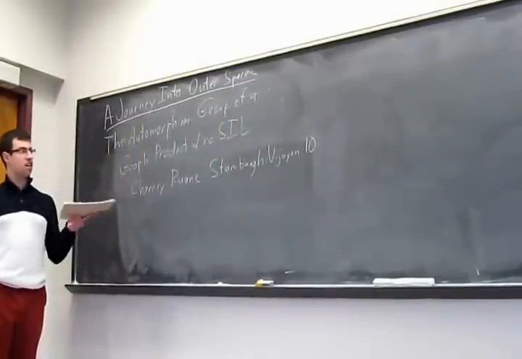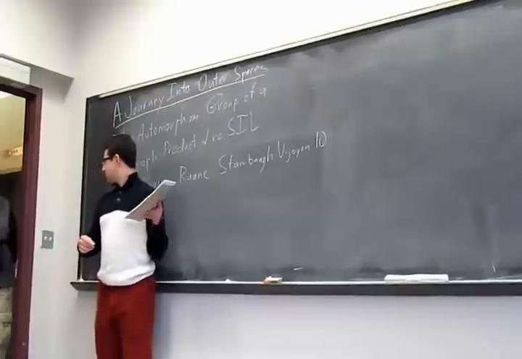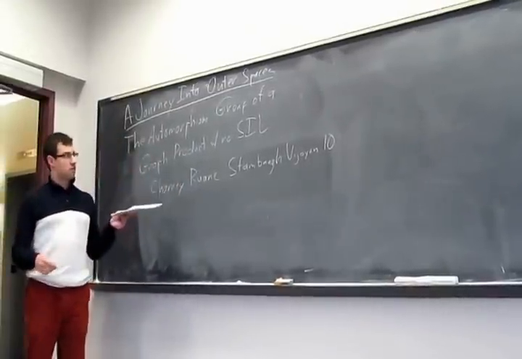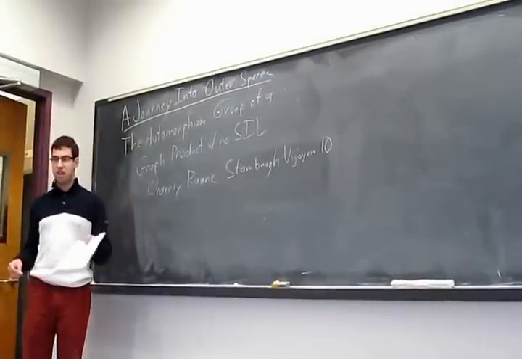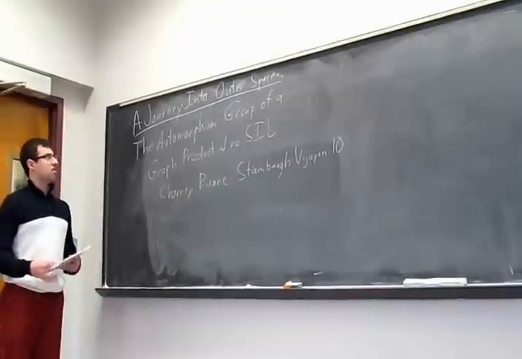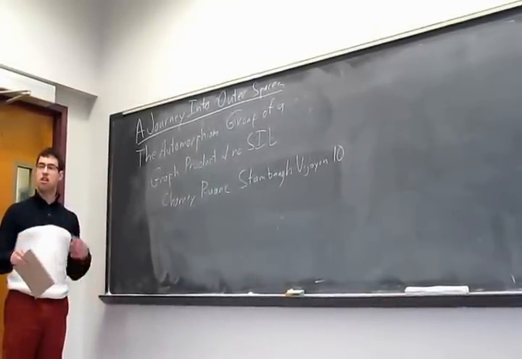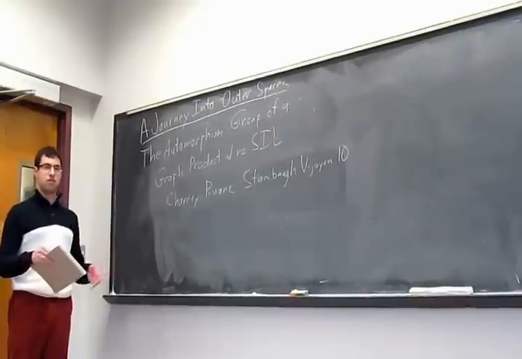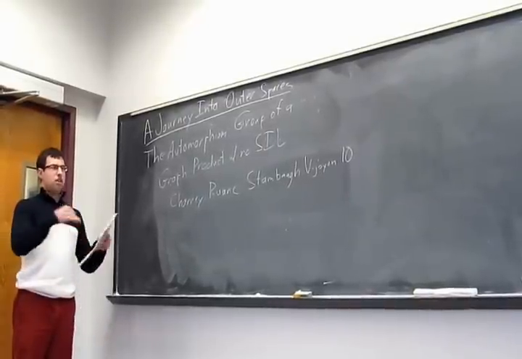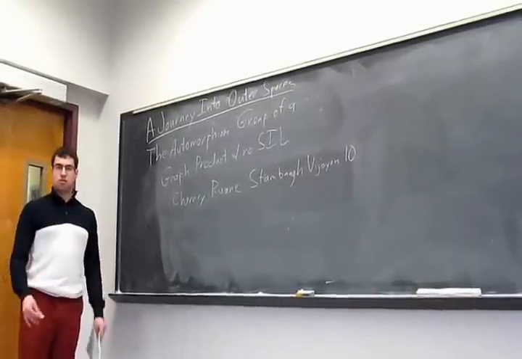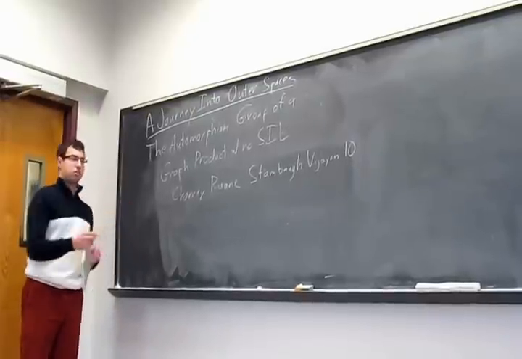This is by Ruth Charney, Kim, and two of Ruth Charney's graduate students, Nate Stambaugh and Anna Vijayan. In it, they study the automorphism group of a graph product, and under certain conditions, they show that the outer automorphism group, a certain subgroup of the automorphism group, acts nicely on a certain space.